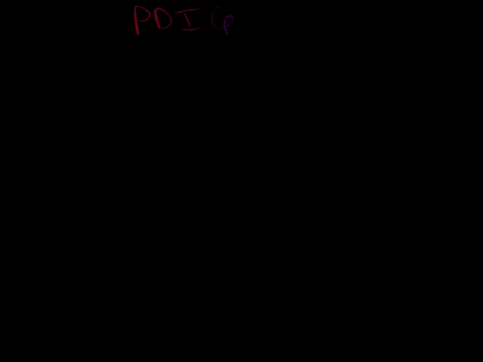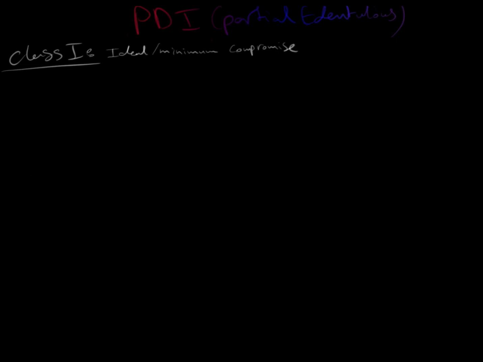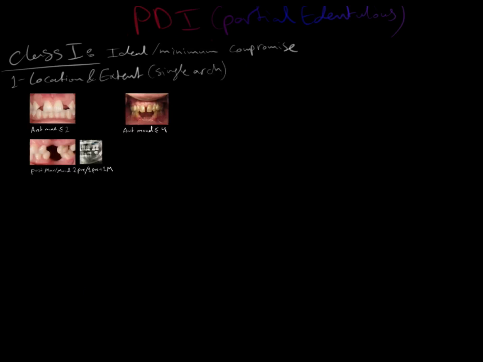In summary, BDI classification for partially edentulous. Class 1, ideal or minimally compromised, in location and extent of edentulous area, which is confined to a single arch, abutment conditions, occlusion, and residual ridge condition. All four of the diagnostic criteria are favorable.